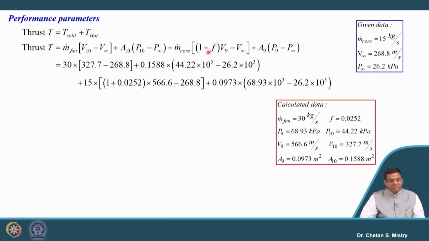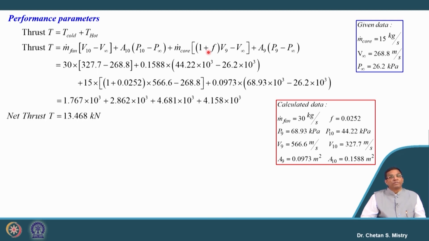So, in this case we have all these numbers available with us. Fan flow rate we know is 30 kg per second, core mass flow rate is 15 kg per second. Exit velocity from the fan nozzle we have calculated as 327.7, and from the core engine it is 566.6, and we found both the nozzles are choked. Putting these numbers, the net thrust comes to 13.46 kilonewton.